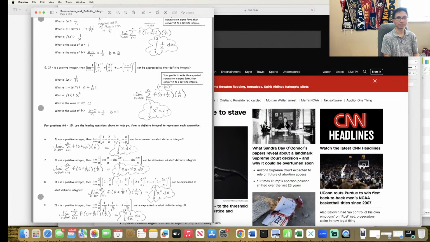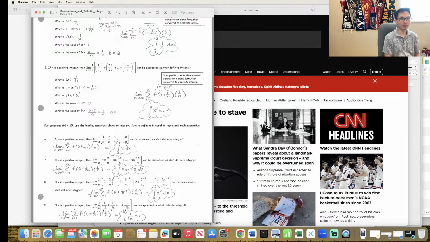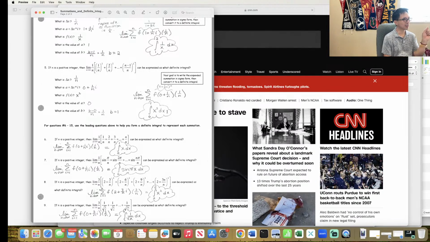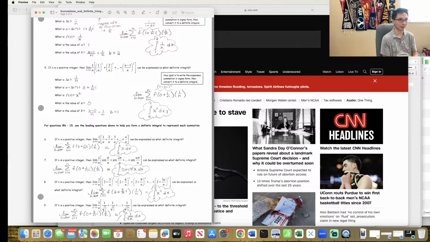The next one, it's going from 0 to whatever. You see it's 1 over n. That means a to b is 1. But it also doesn't give you a to start with, so a is 0. So then you have i over n here, and you have something squared because everything is squared.